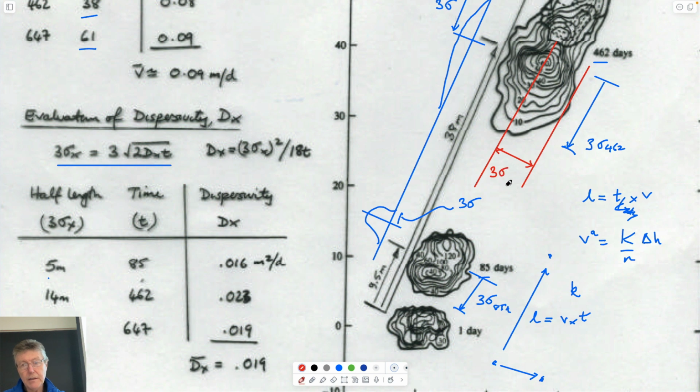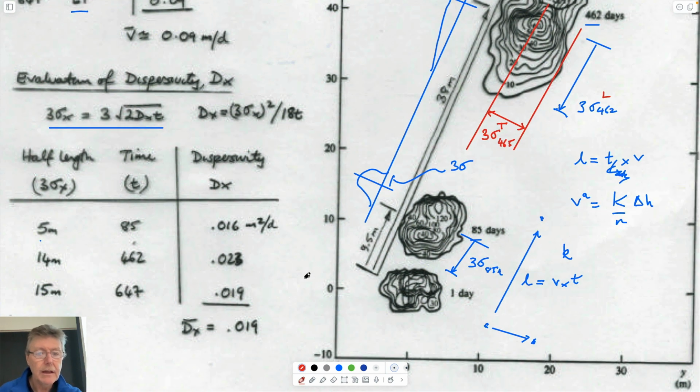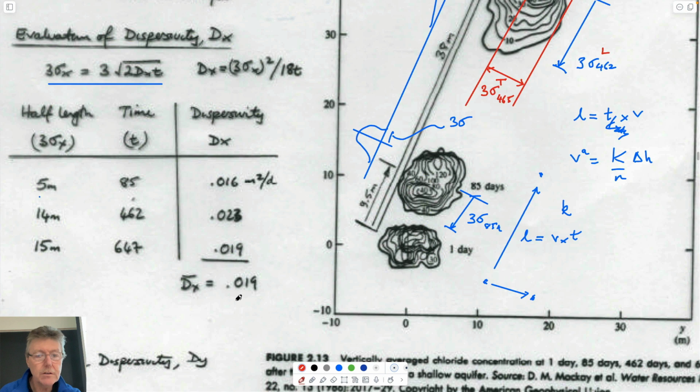3 sigma at 465 days. This would be transverse, and this would be longitudinal. So very straightforward. And the average values of the longitudinal one are 0.019 meters squared per day.